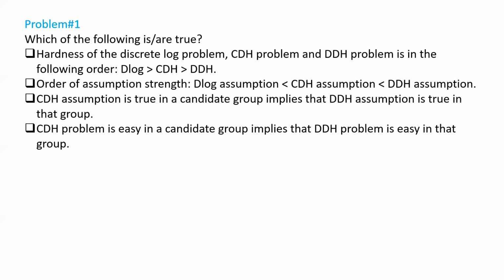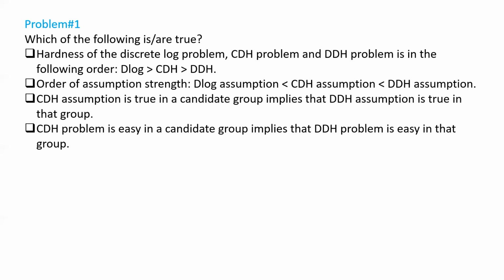The underlying assumption is the DDH assumption. So in that setting, even the easiest problem is hard for the adversary to solve. So that is the strongest assumption in terms of designing a cryptographic primitive.